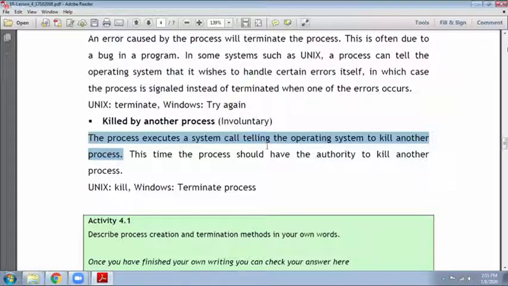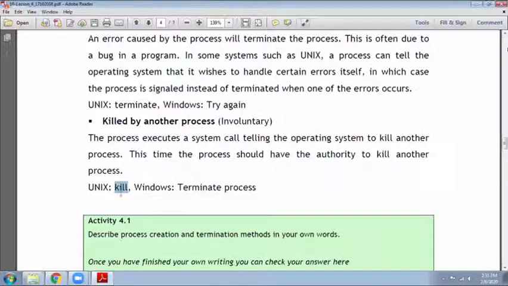This time the process should have the authority to kill another process. The commands are kill in Unix, and Windows calls it terminate process.